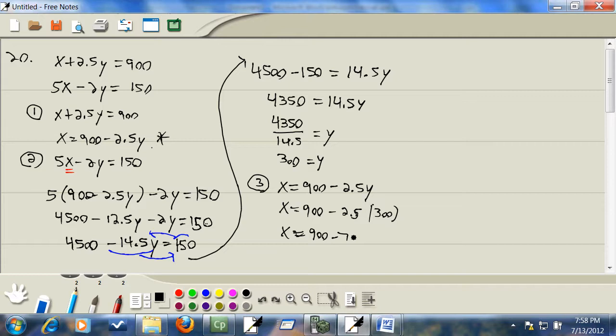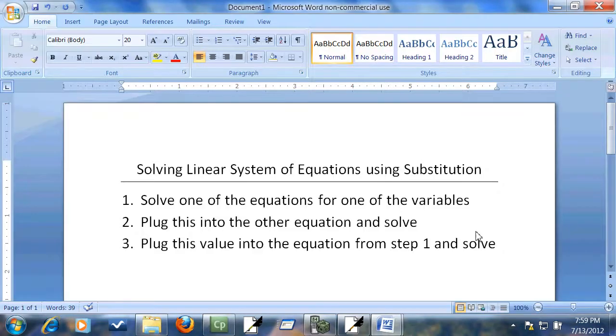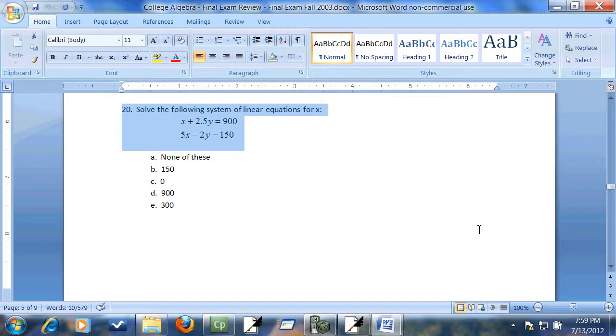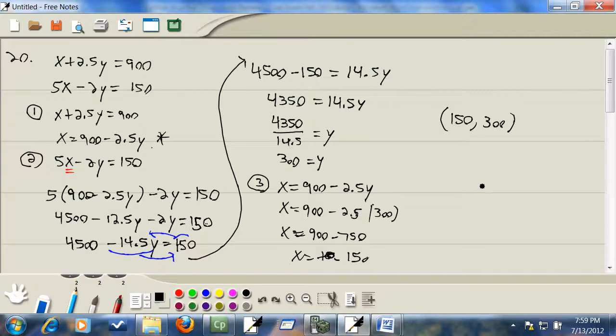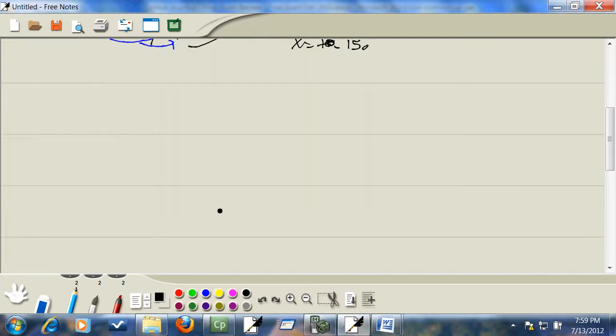So minus 750. So we get x is equal to, there it goes, 150. So this answer here would be 150, comma, 300. Which would match, let me see. Oh, it's just asking for the x part. Okay, it probably helps to actually read. So it looks like B is in Bill. So, well, let's do this via the addition method and see how that goes.